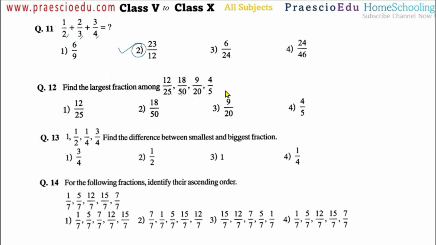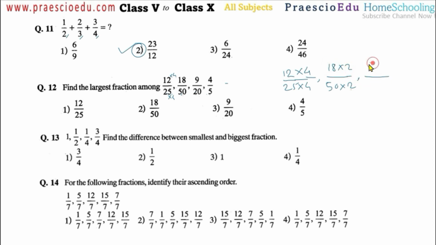So 100 is the number which comes in 25 multiples, 50 also and 20 also. So to bring 100 here we have to multiply by 4, and the same 4 should be multiplied in the numerator also. Then for 50 to convert to 100, multiply by 2, and this 2 should be multiplied in the numerator also, means 18 by 2.